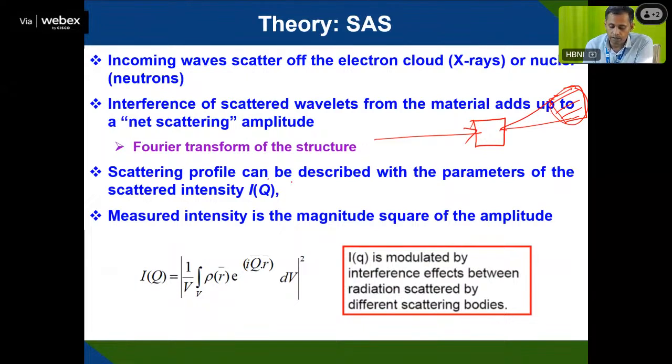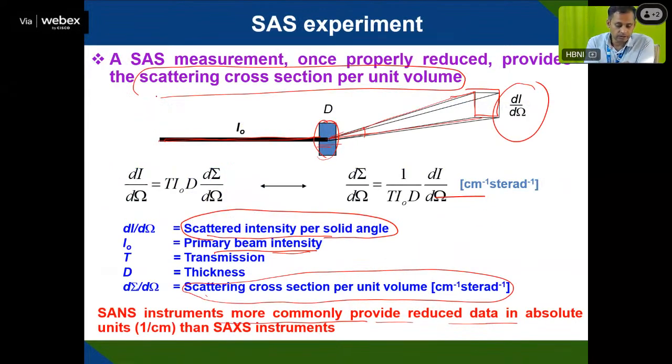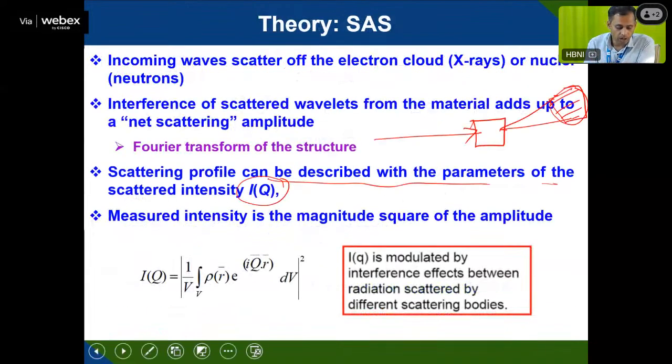The scattering profile can be described with the parameter of scattering intensity. So how much scattering is coming from the scattering cross section of a unit volume, from that particular volume, how much scattered intensity is coming, I(Q). So that we measure, that is nothing but 1/V into the integral of rho(r) e^(iQ·r). So I(Q) is modulated by the interference effect between the radiation scattered by different scattering bodies.